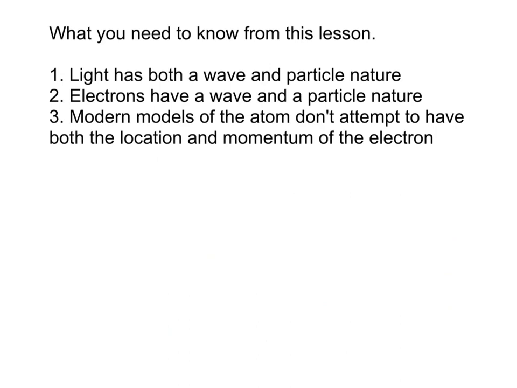And actually, the quantum physicists would tell us that everything that's made of matter does. Technically we have a wave nature, but since we're so massive compared to an electron, our wavelength is extremely tiny. And lastly, we should also know that the modern models of the atom don't attempt to have both the location and the momentum of the electron, because they can't do it.